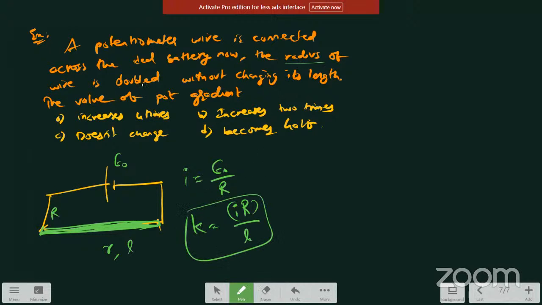Then the radius of the wire is doubled without changing its length. What will happen to the potential gradient? So first of all, does the resistance of the wire change by increasing the radius?